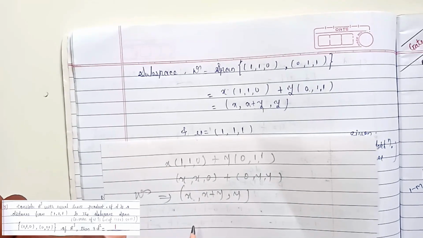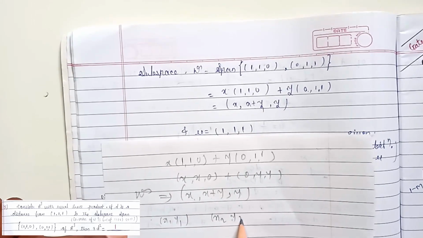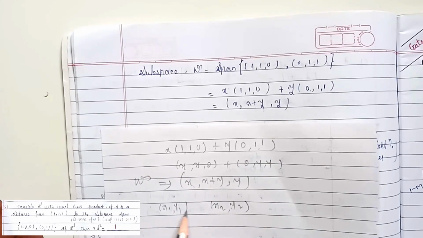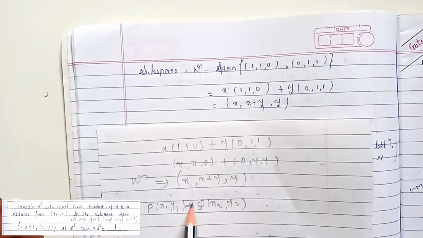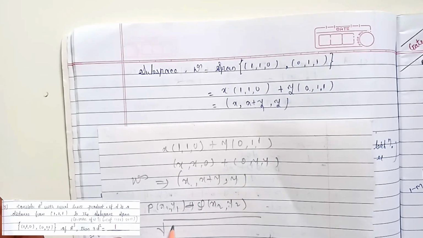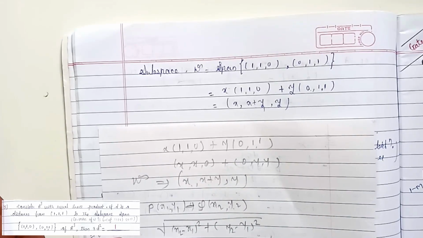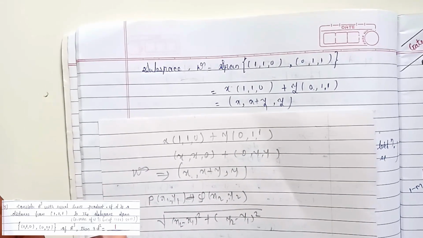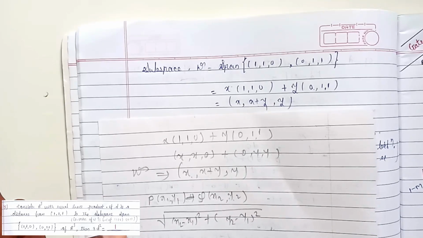For two points (x1,y1) and (x2,y2), the distance between them is the square root of (x2 minus x1) squared plus (y2 minus y1) squared. We use this for finding the distance between two points.